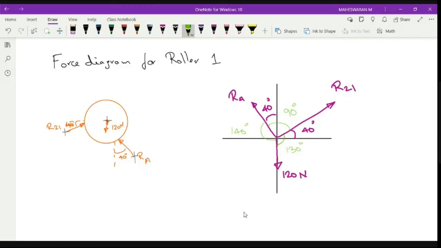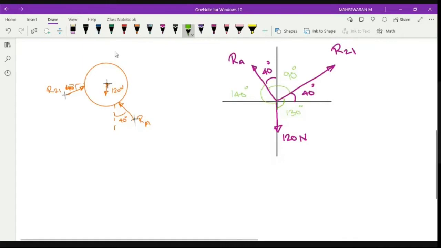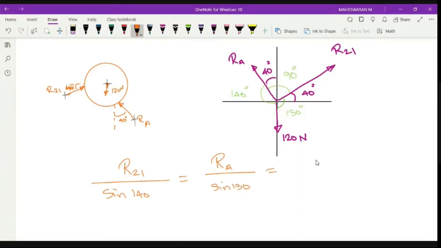So we got all the angles now, and the only thing left is to apply Lami's theorem. According to Lami's theorem, force divided by the sine of its opposite angle is equal. So R21 divided by sine 140 is equal to RA divided by sine 130, which is equal to 120 divided by sine 90.